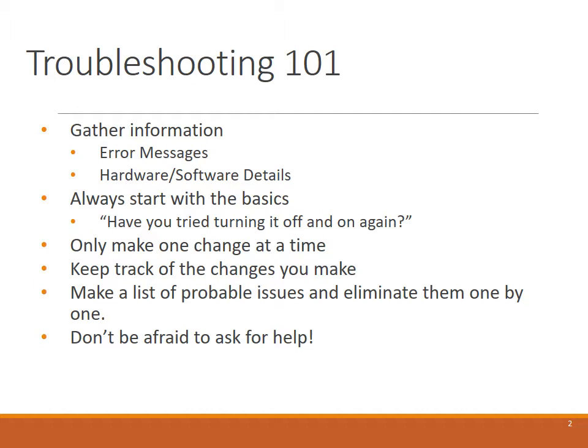If you ever get a chance to go look at some TechNet articles, which you may in the course of this class, you may note that there's 6 or 7 different fixes for an error message that might pop up. So they have you walk through each one of those fixes one by one until you've figured out the problem and the solution. So it's usually helpful to make a list of probable causes to your issue, and then eliminate them.